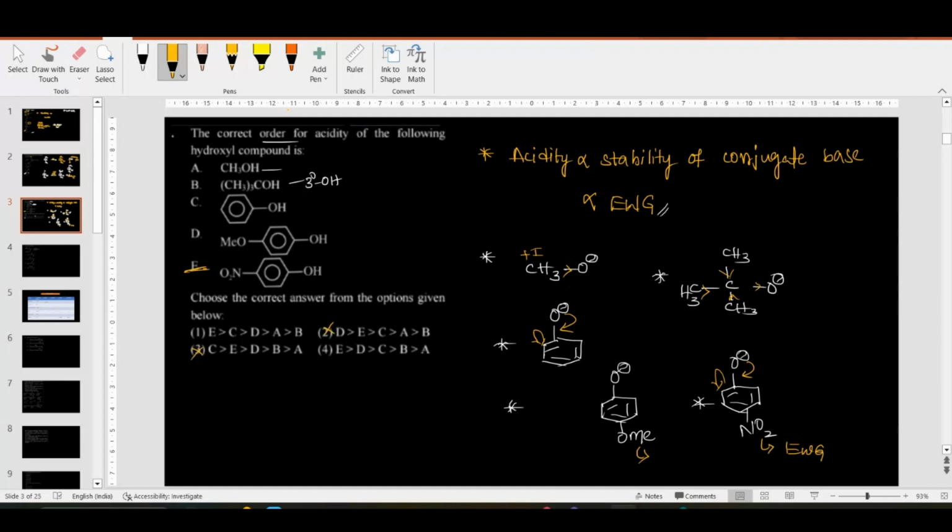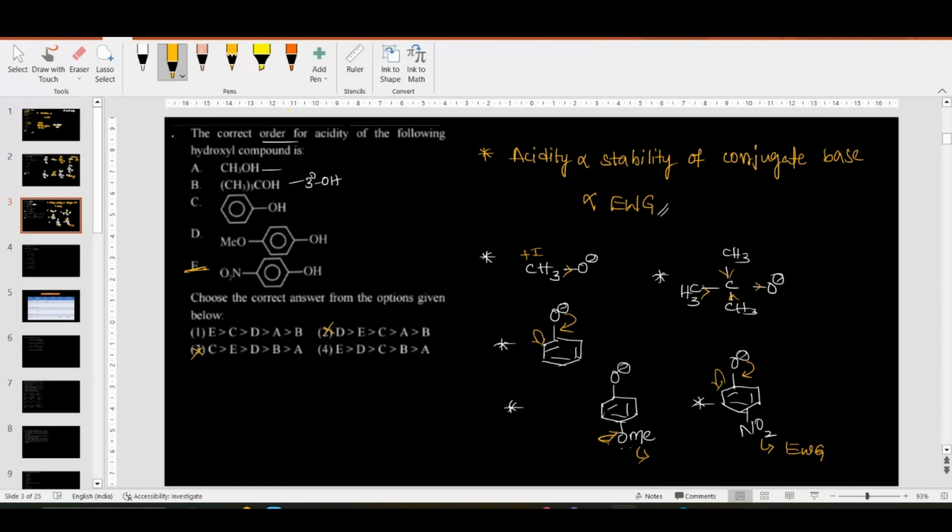So we have these two options, right? We have eliminated these two, and then next, here there is a possibility of this group also participating in resonance with this ring, right?